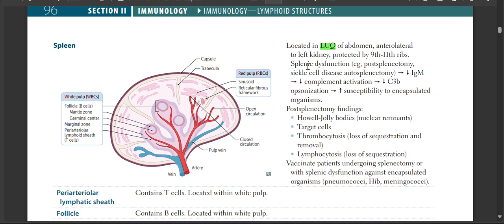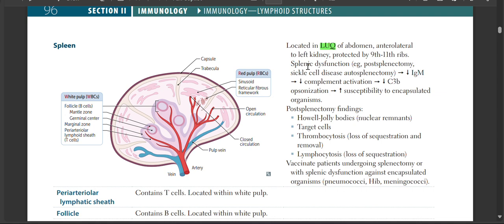If the spleen is removed, or if you have a splenic dysfunction in which the spleen isn't acting properly, then you will have an increased risk of infection with encapsulated bacteria, and you'll have decreased antibody production.